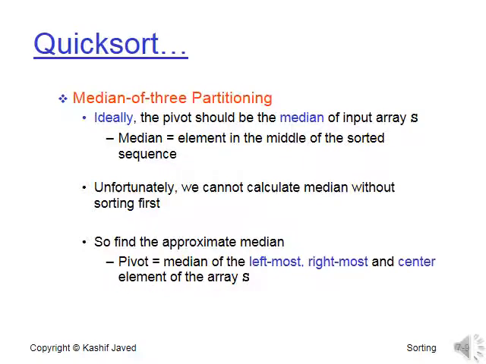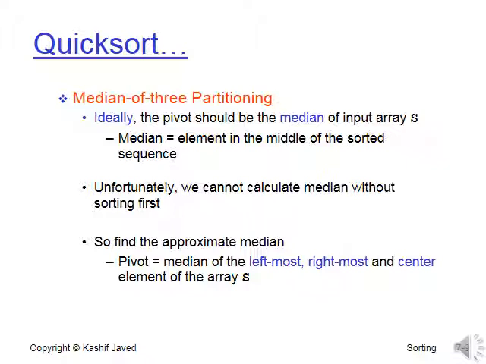Ideally, the pivot should be the median of the input array S. The median is basically an element in the middle of the sorted sequence. Unfortunately, it does not make sense to sort the array in order to calculate the median in order to use it as a pivot.